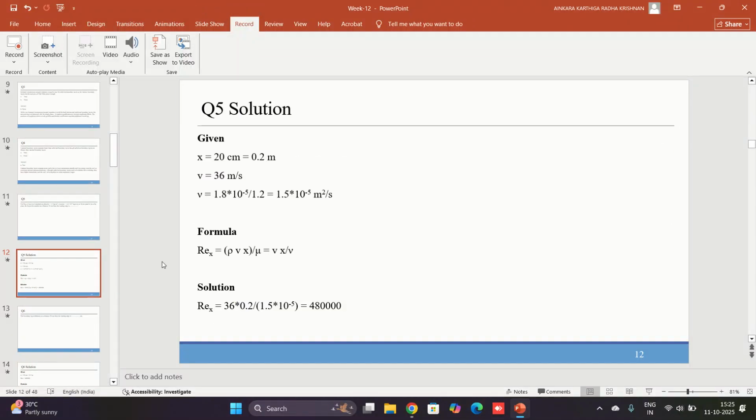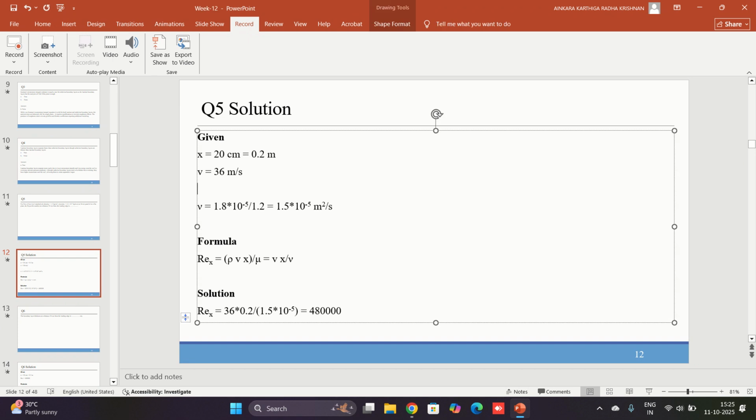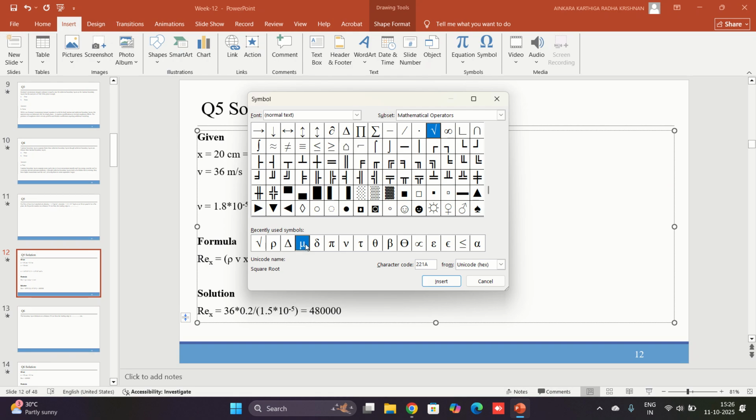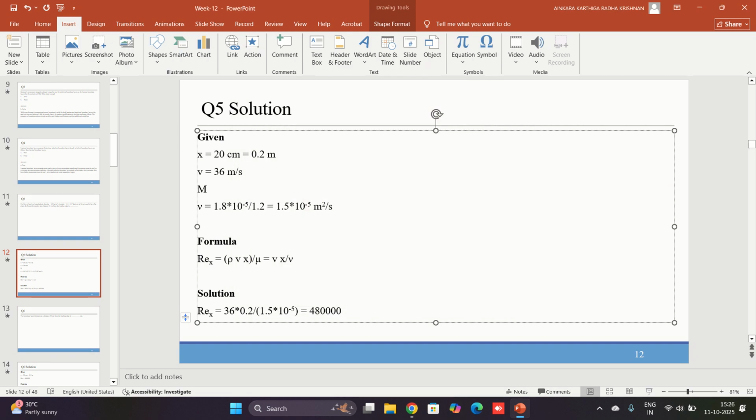Actually, mu is equal to 1.8 into 10 power minus 5 kg per meter second.